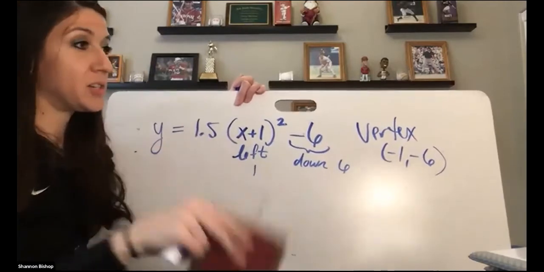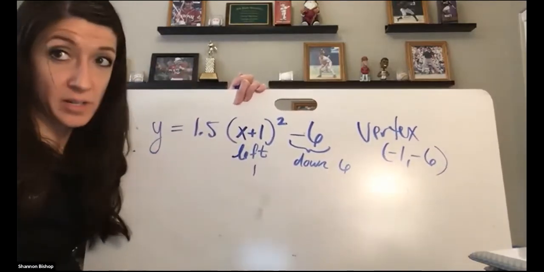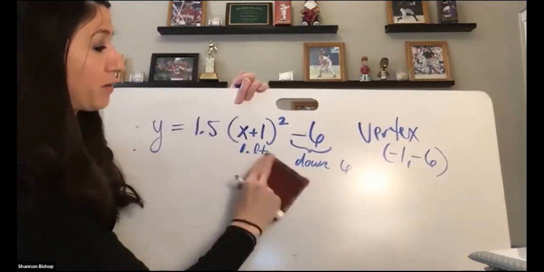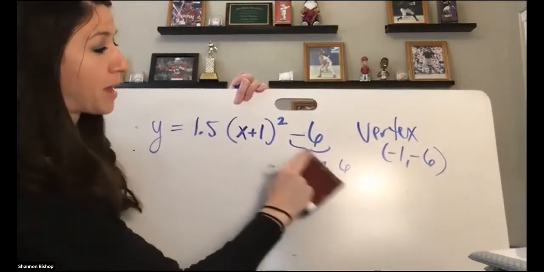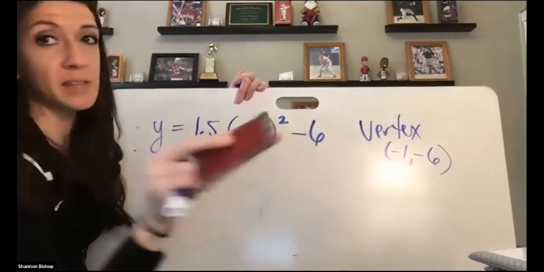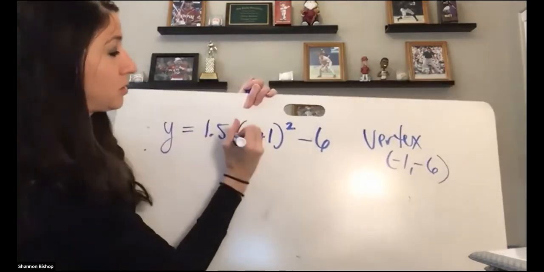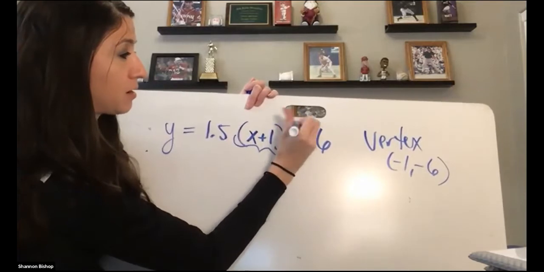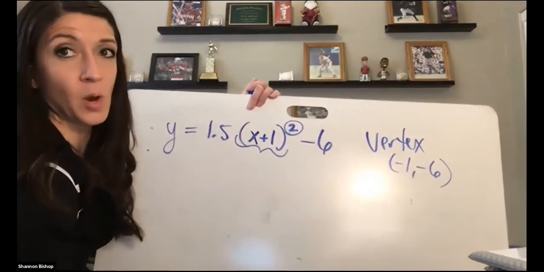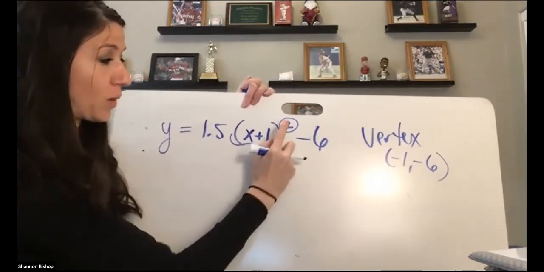But what if you wanted to distribute it out and be in standard form? On this one, the main thing you need to know is that when you distribute this, you have to do the parentheses squared first. Order of operations, parentheses squared.